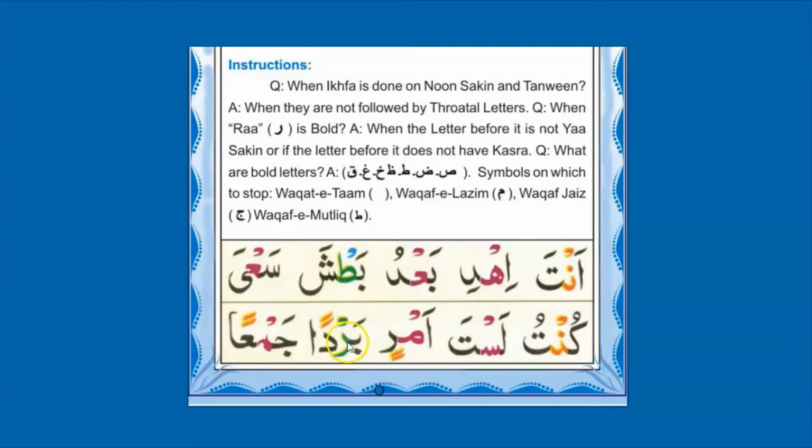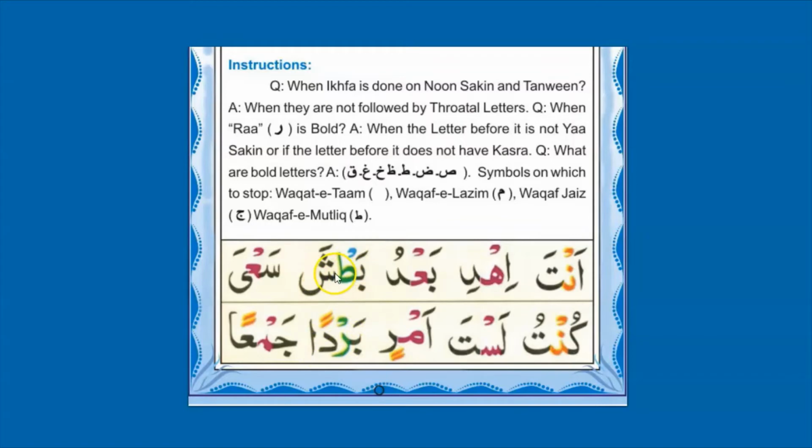It means we have to read it like this: Ba'da, Ba'da. Ra full means you have to make the Ra a bold sound. So Ba, Ra, Fatha, Ba, Dal, Fathatain, Dan, Ba, Dan, Waqaf, Barda.